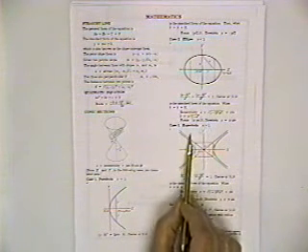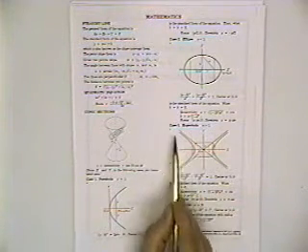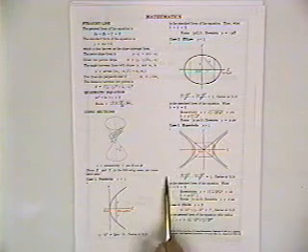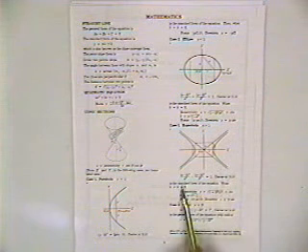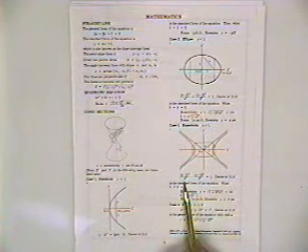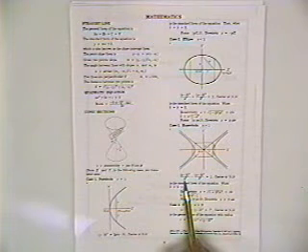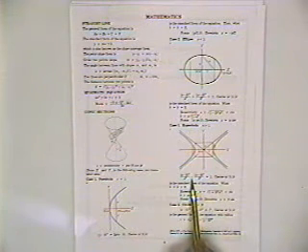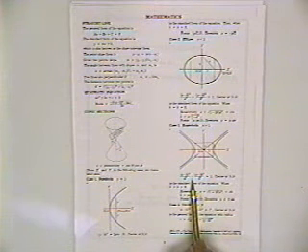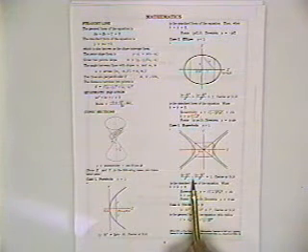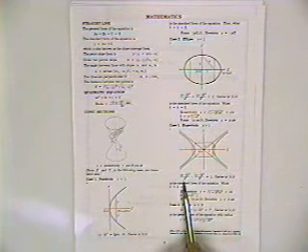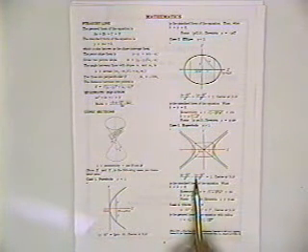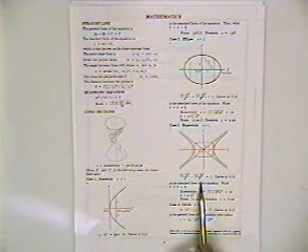A hyperbola is an open curve, and the hyperbola parts are shown here, one on the left and the other on the right. The general form of the hyperbola at first looks a little bit like the general form for the ellipse, but there is an all-important difference in the algebraic sign between the two terms, because you will notice there is a minus sign between the first term, x minus h quantity squared divided by a squared, and the y minus k quantity squared divided by b squared.